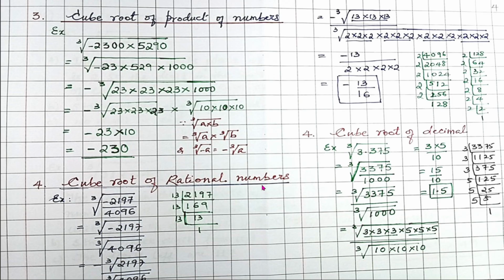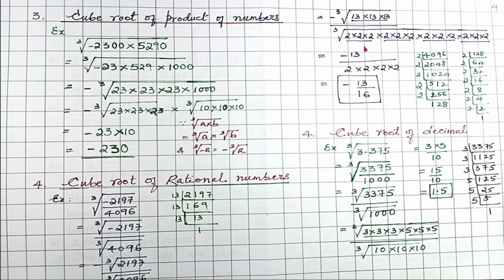Now cube root of rational numbers. Now we have a rational number here, and we want to find the cube root of that. Cube root of minus 2197 divided by 4096. The first thing is minus divided by plus is minus, so take minus outside. So it will be cube root of 2197 and cube root of 4096. Find the factors of 2197, it is 13 into 13 into 13. Find the factors of 4096, we have got 4 triples here of 2, and from each triple take one factor.